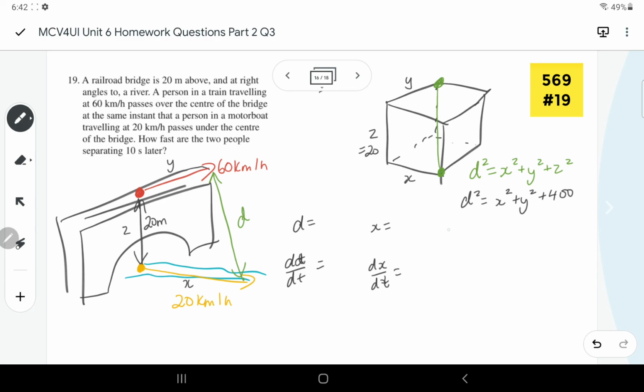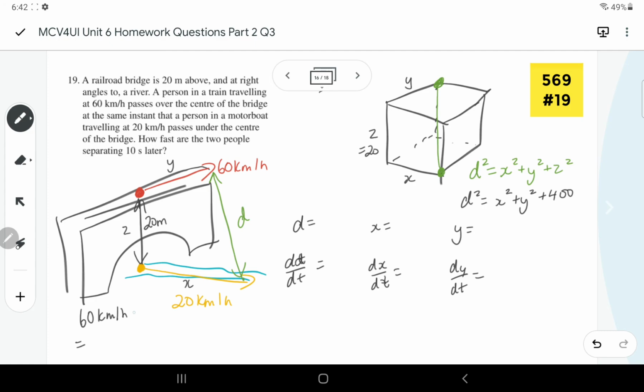Okay, last one, and then we'll also have to figure out what our y is and dy dt. Now, the big issue here is that our time is in seconds and our bridge height is in meters, but we're given this 60 and 20 in terms of kilometers per hour. So I'm going to change 60 kilometers per hour into meters per second.